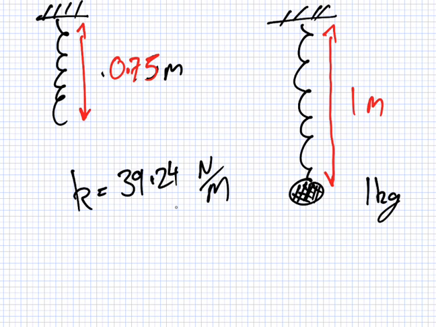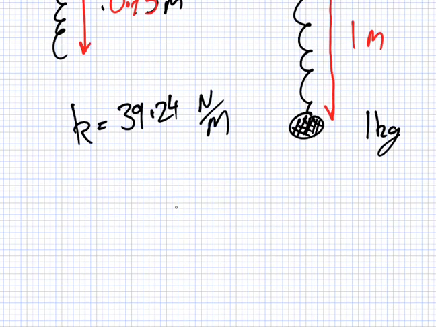Now, I won't do another example, but this is where things start getting more complicated in physics, because you can now put this together with what we did earlier today. So for example, here you have your spring, and now you turn this around in a circle.